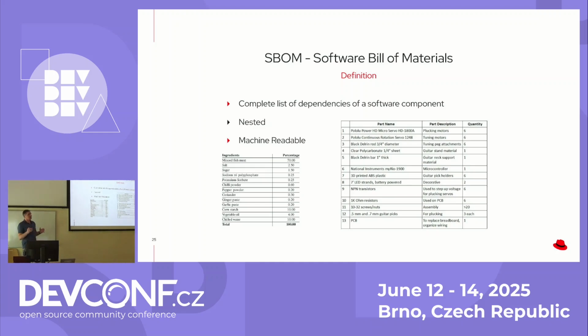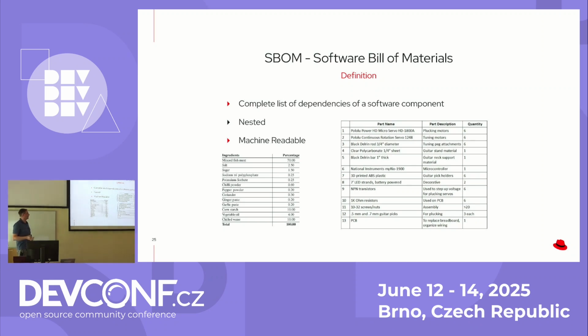So where does this lead us further on? Now that we have all our software components identified, there's more and more push for us to build SBOMs, or software bills of materials, for our products, right? There are more aspects, but in simplified thinking, it's a list of all the dependencies that we are using in our product. The idea is to be machine readable.